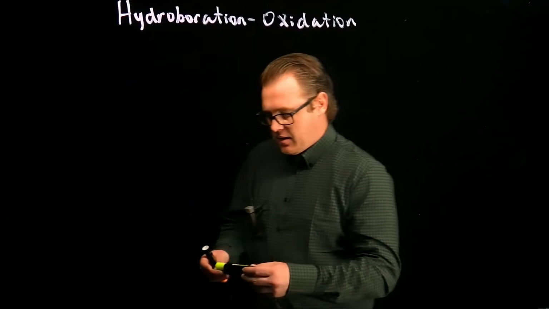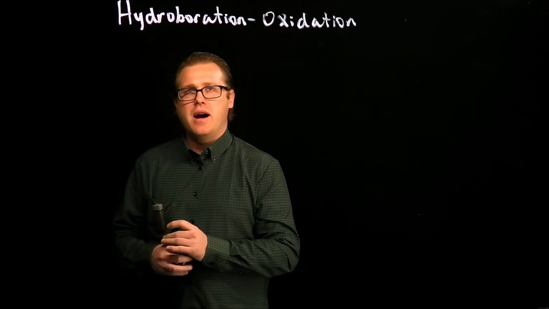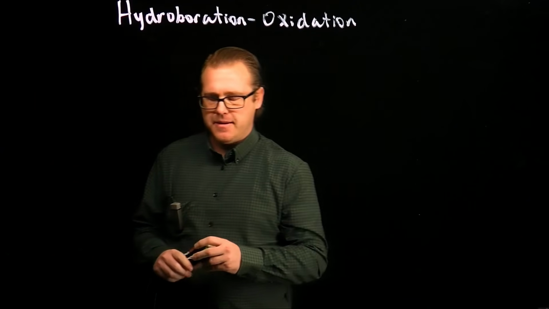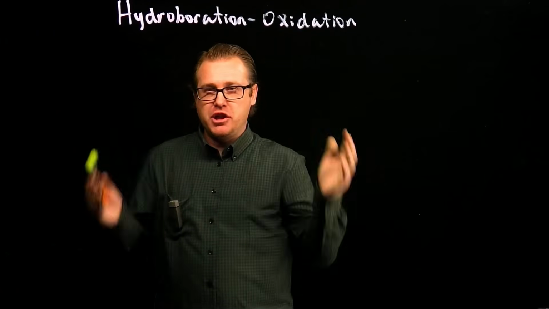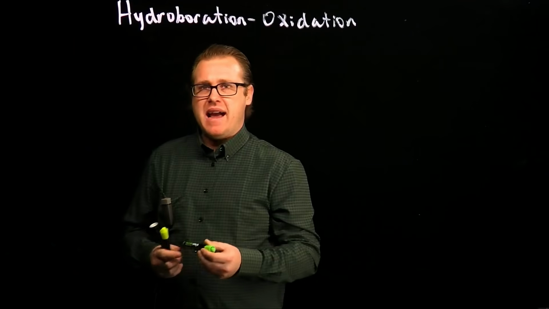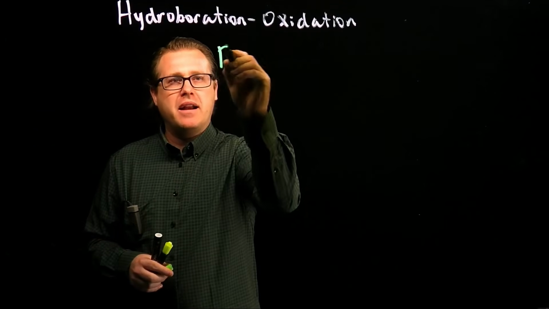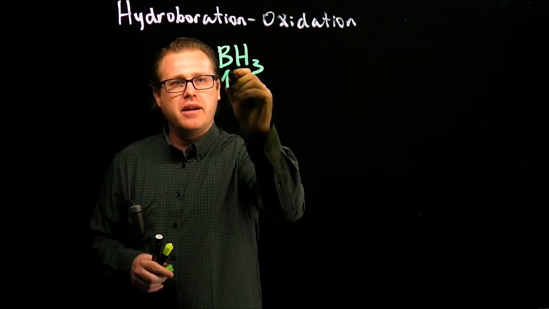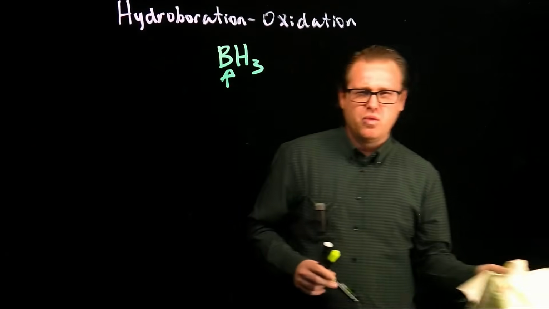I want to end this video on just understanding why hydroboration is syn-addition and the regiochemical outcome. Why is it anti-Markovnikov? And it boils down to the fact that boron, the boron atom in borane right here, it's just a tricky bugger. It just is weird.